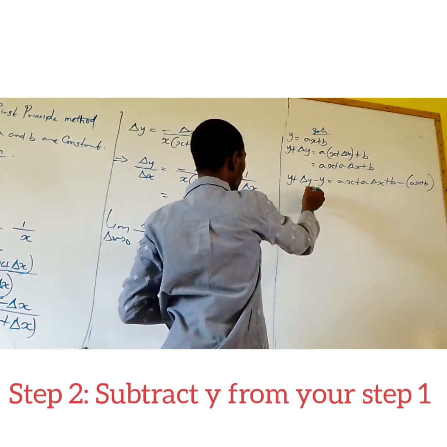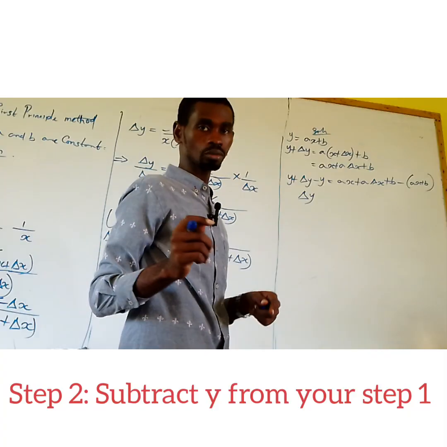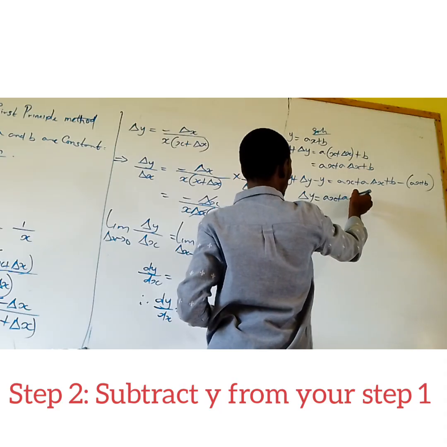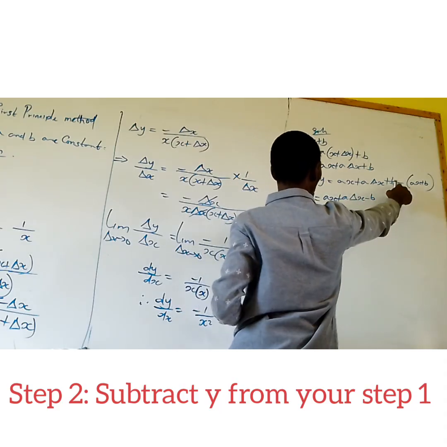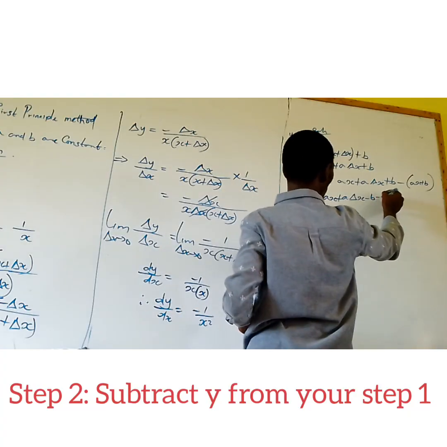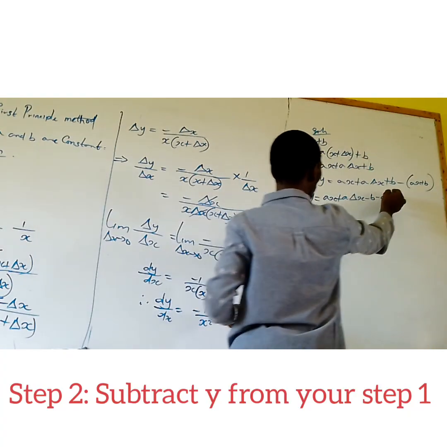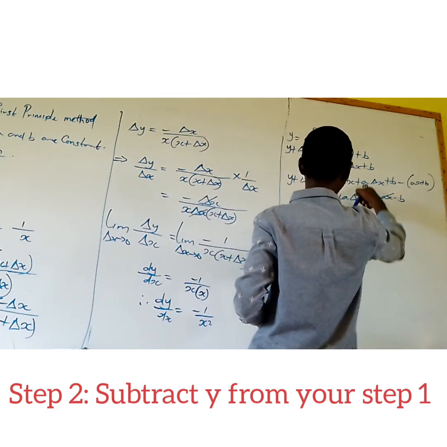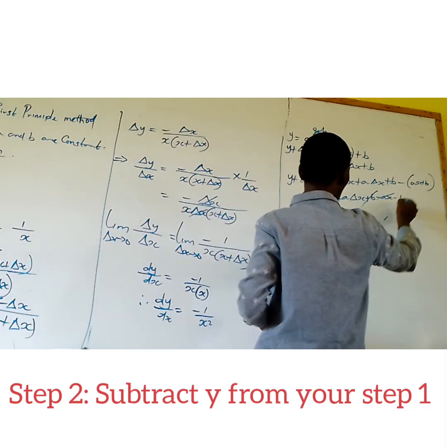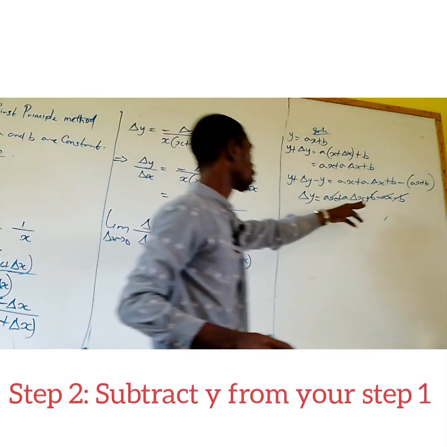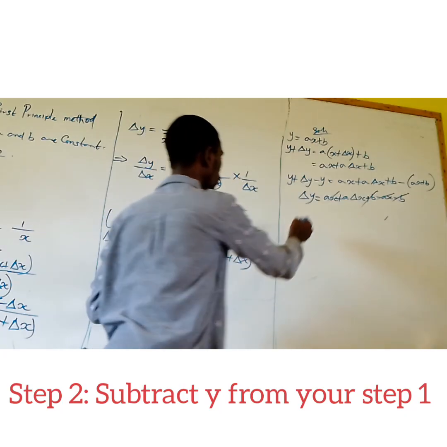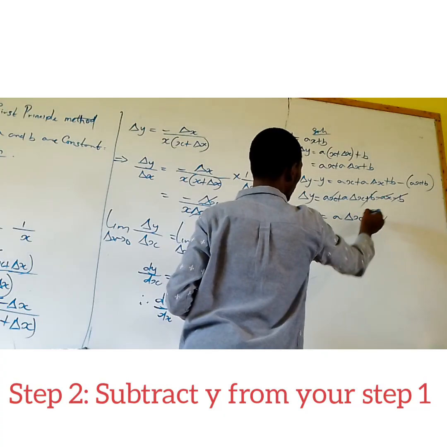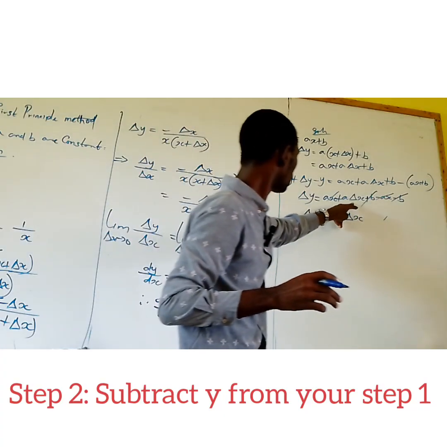So here we are having change in y equals ax plus a change in x plus b, minus times all of that will give us minus ax minus b. So minus ax cancels ax, and plus b cancels minus b. We are left with change in y equals a change in x.